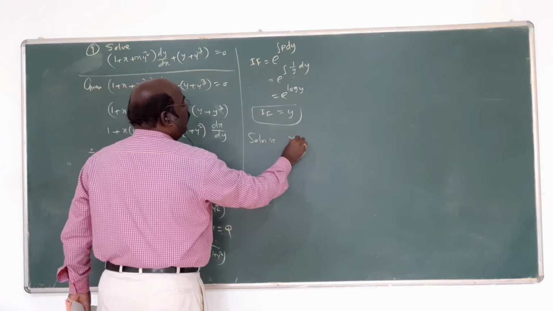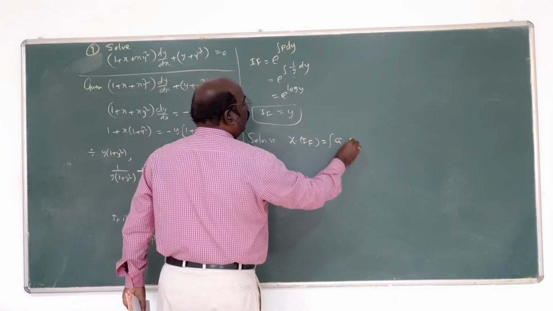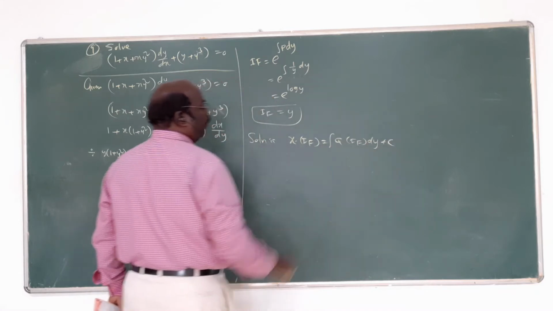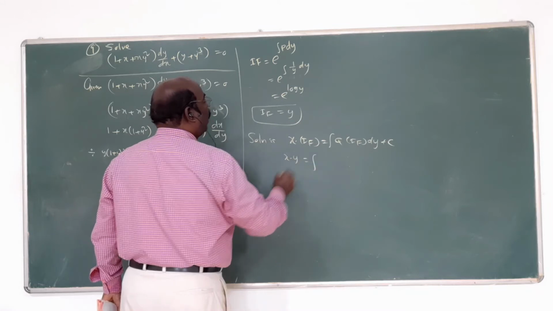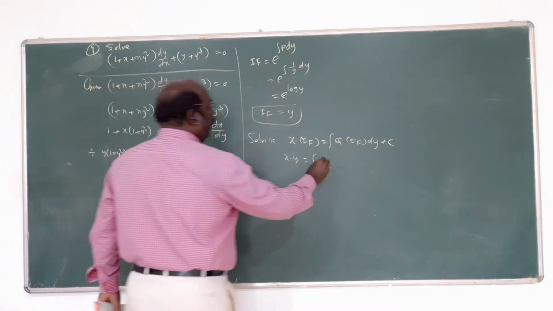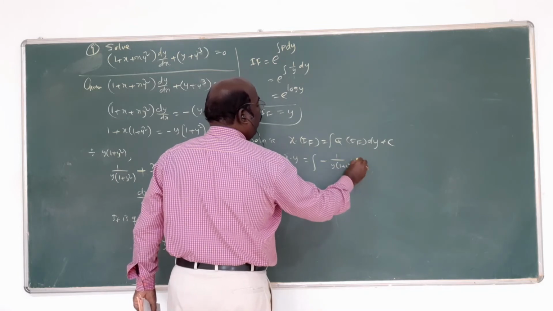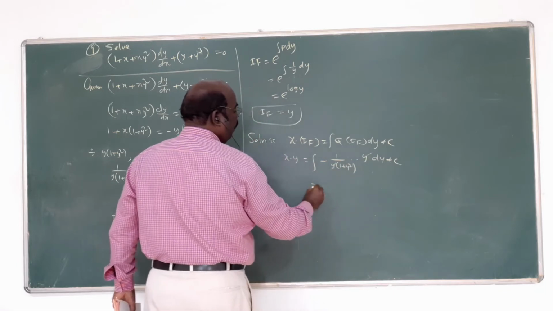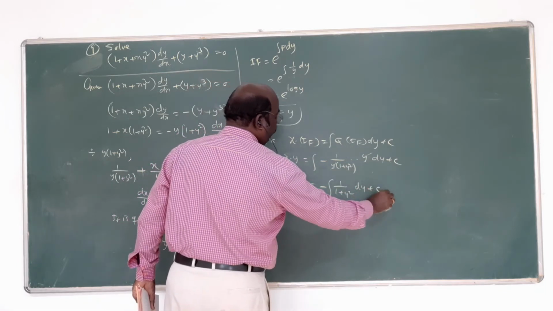The solution is x into IF equal to integration of q into IF into dy plus c. Another formula. Now x into IF is xy. q is what? Minus 1 by y into 1 plus y square, IF is y, into dy plus c. This y will cancel. Minus is common. 1 by 1 plus y square dy plus c.